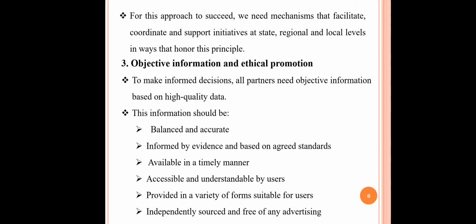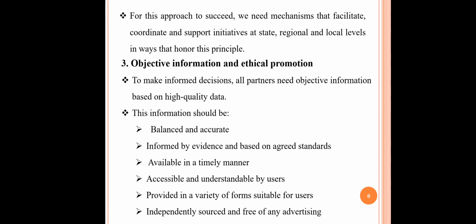Third one, objective information and ethical promotion. To make informed decisions, all parties need objective information based on high quality data.